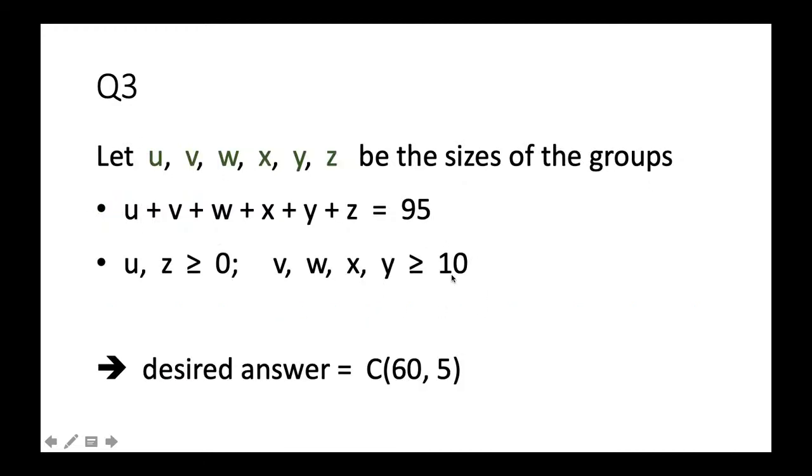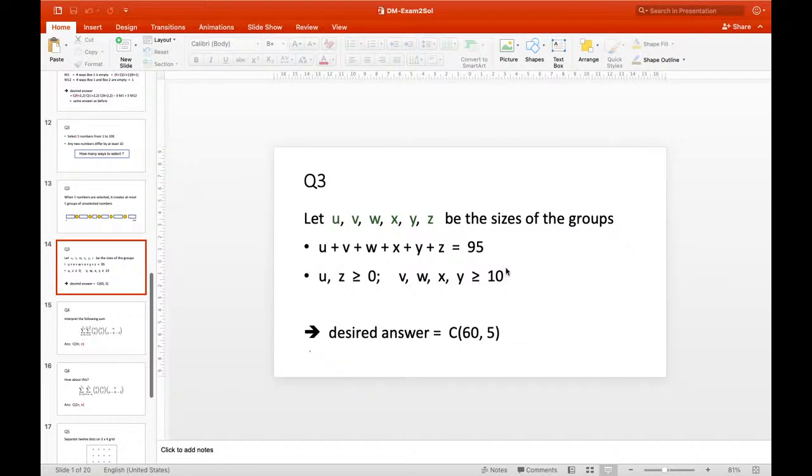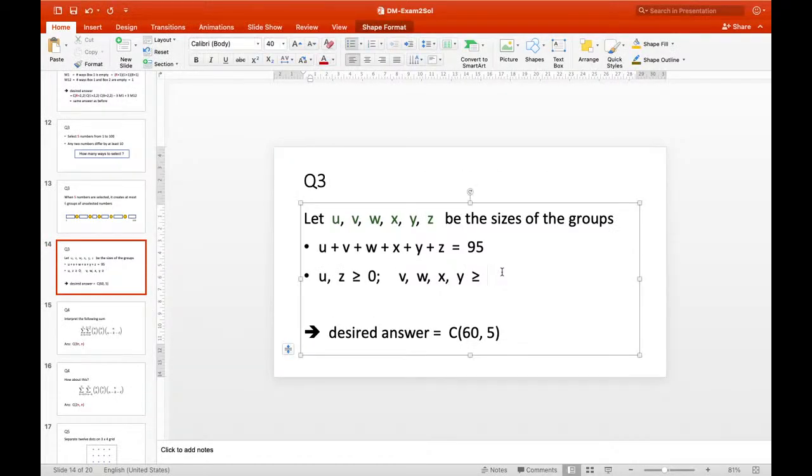So if we take away the 9 numbers that we have already assigned to each of v, w, x, y, we take away 36 numbers.